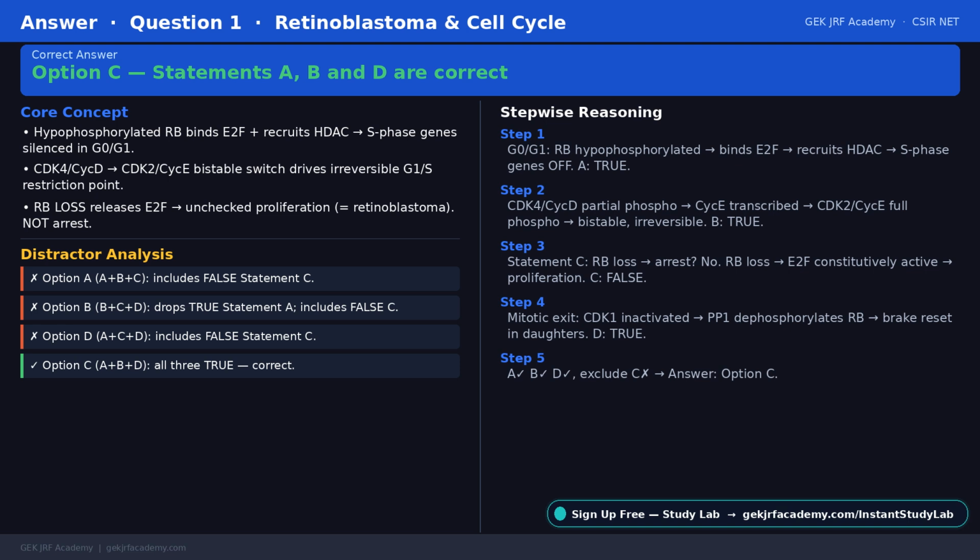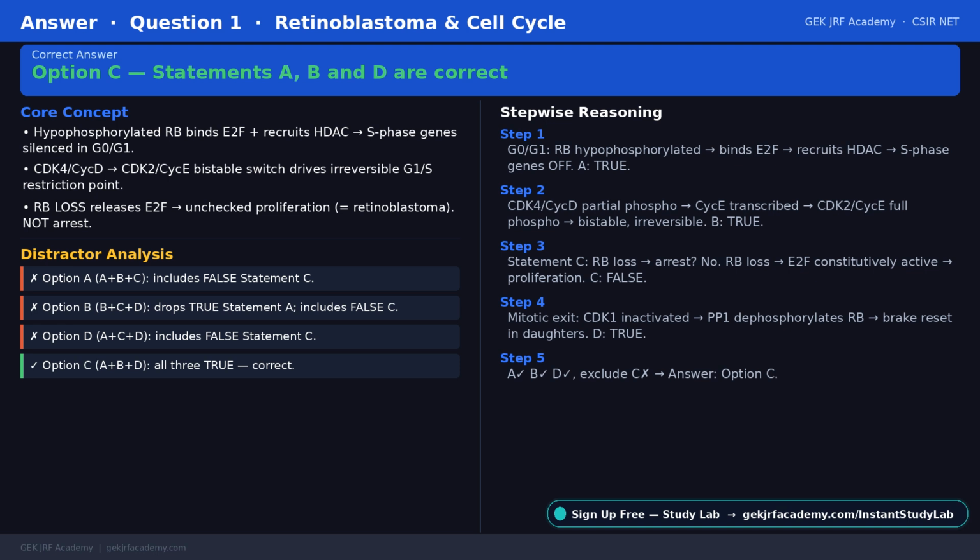This is completely wrong, and it is a classic high-stakes distractor in CSIR NET. RB loss means E2F is constitutively active, not repressed. Without the brake, cells proliferate without restraint. This is the mechanism of retinoblastoma, a childhood eye cancer caused by biallelic RB deletion.